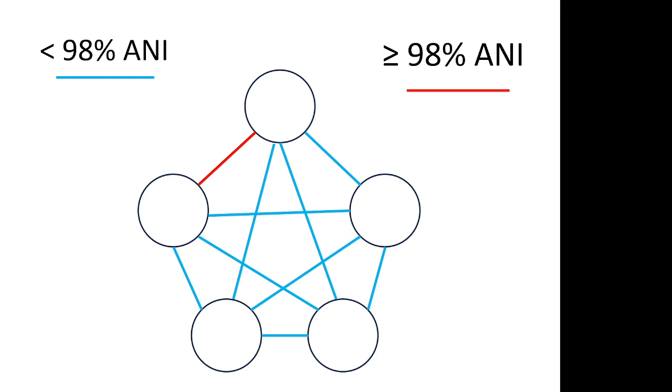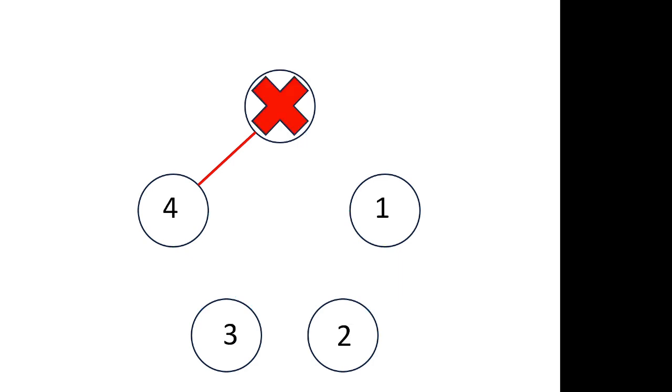Okay, what we want is to extract from this graph a set of representative nodes, which will allow more efficient processing downstream. And for that, we use the maximal independent set problem. And it's relatively simple to explain.